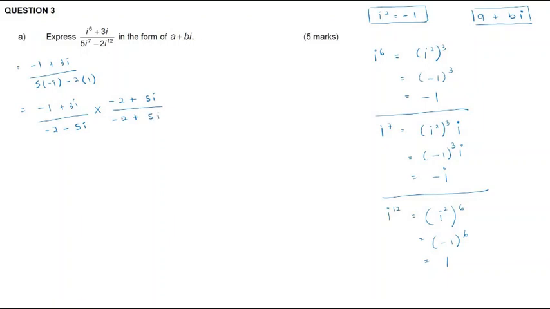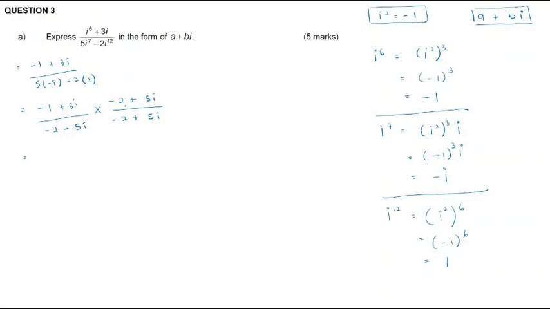For the conjugate, we change the sign of the term with i. The term with i here is negative 5i, so we change the sign into positive. So multiply numerator and denominator by the conjugate of the denominator.